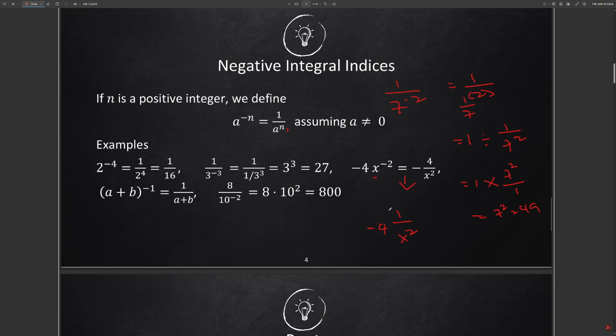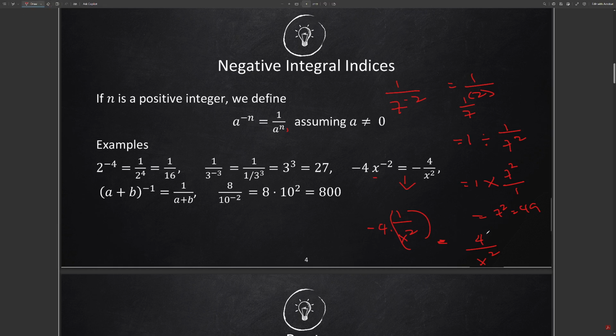So this really here is multiply. So it's negative 4 multiplied by 1 upon x squared, which is equal to negative 4 upon x squared. The negative sign remains, because it's a negative sign in front of 4. So whether I put the minus sign here next to the 4, or you put the minus sign, where's my eraser?